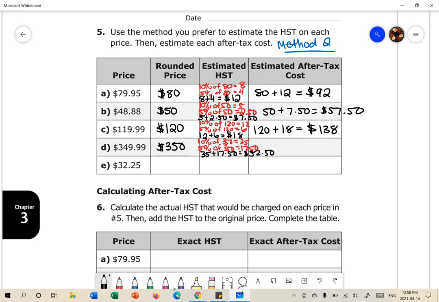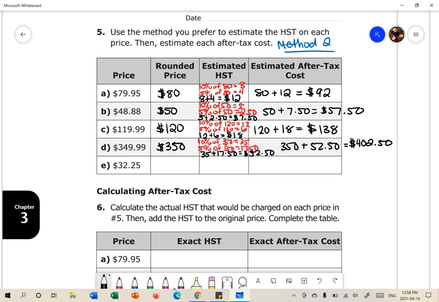So my estimated after-tax cost is 350 plus 52.50, which is equal to $402.50.